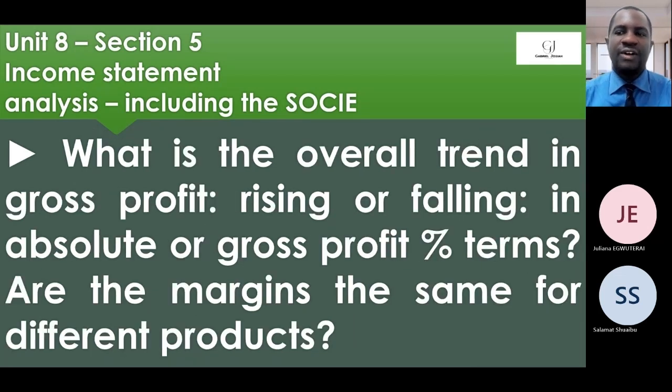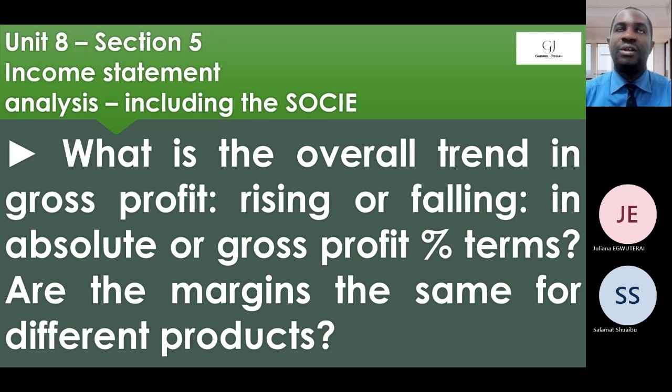You also ask, what is the overall trend in gross profit? So after accounting for direct cost, you come up with your gross profit. So is it rising over the period, whether it's a 3-year financial or a 5-year financials? Is the gross profit rising? Is it rising in absolute terms or gross profit percentage terms? So you need to ask these questions in your gross profit.